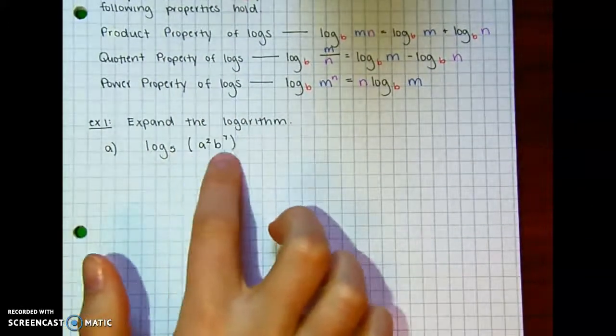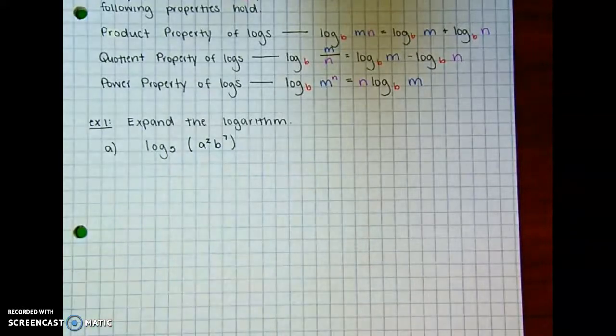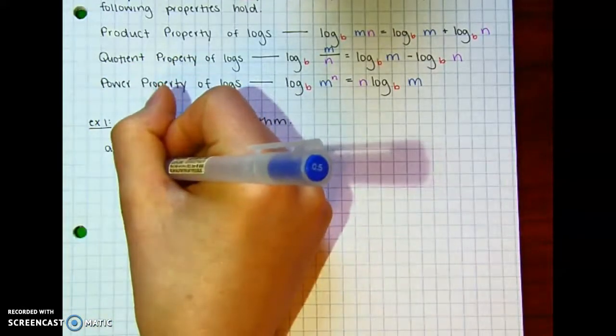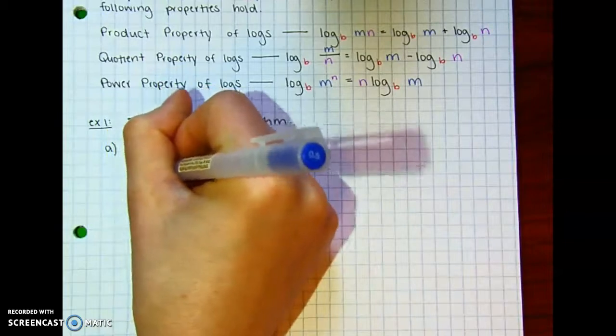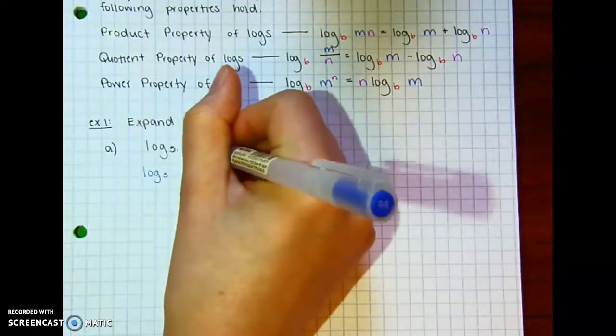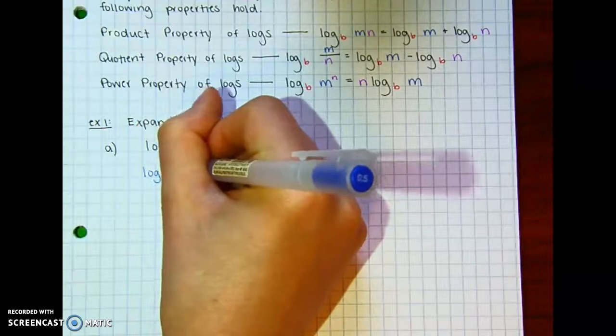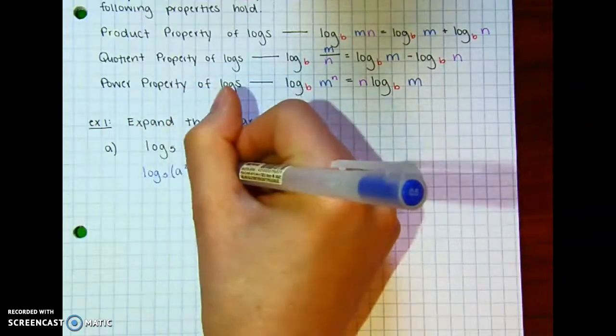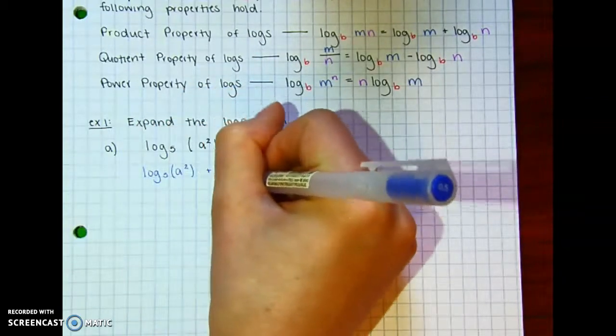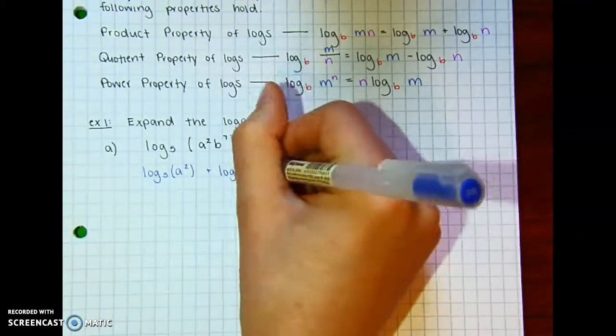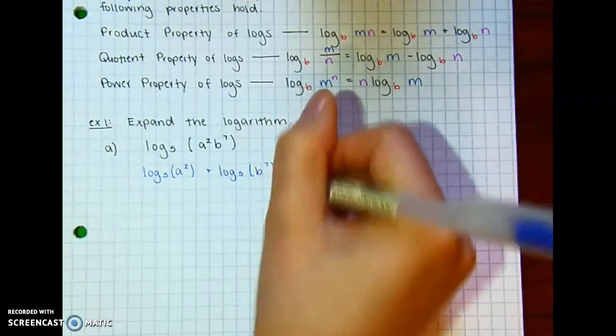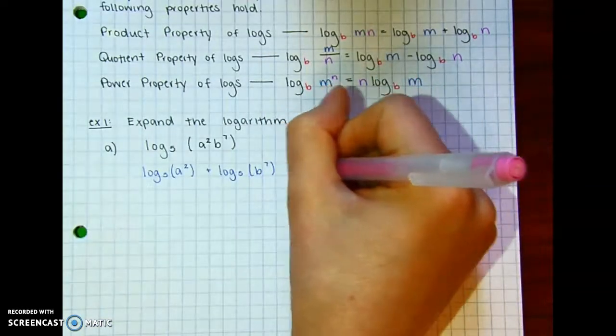So I can rewrite this as log base 5 of a squared plus log base 5 of b to the 7th. And again, the reasoning for that is the product property of logs.